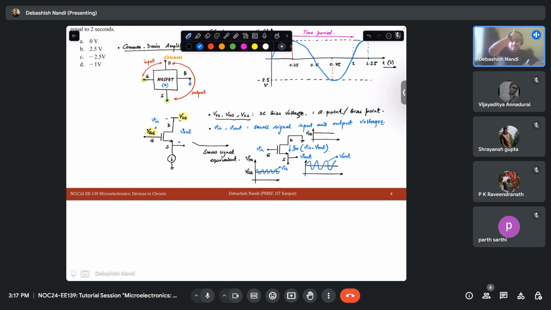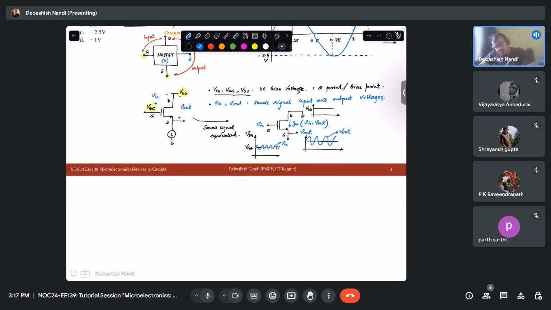So in a small signal sense, this is equivalent to considering my input signal swing around 0 volts.